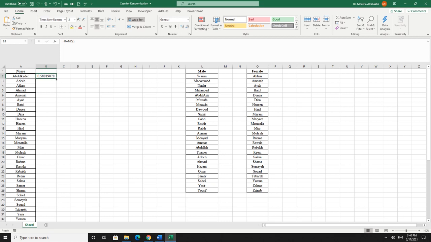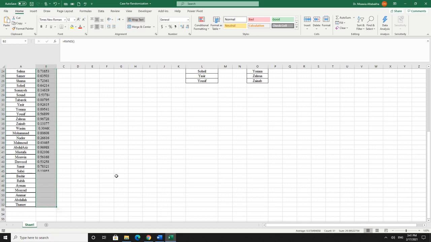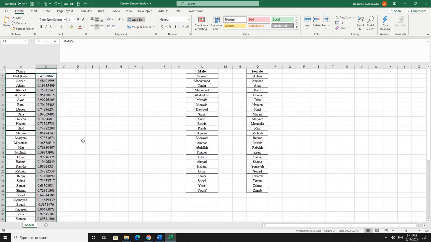I will do this to the others. This is a random number from 0 to 1. Now I will take it to the others. See, everyone has a number. Look, Abdul Qadir is first, Adeeb second, Ahlam third.